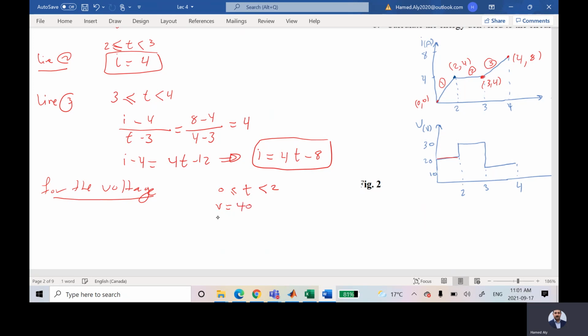It's 20. And then for the second period, from t greater than or equal to 2 up to 3, what is the value of the voltage? Actually, the voltage is equal to 30, yes. And for the last period, from t greater than or equal to 3 and less than 4, I can say V is equal to 10.